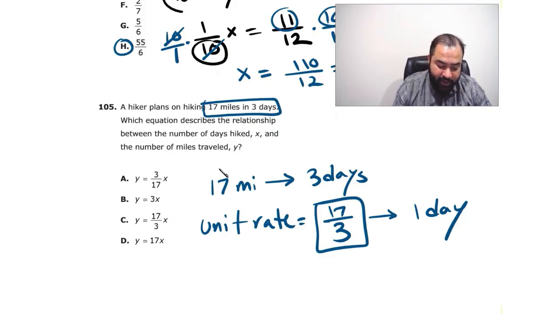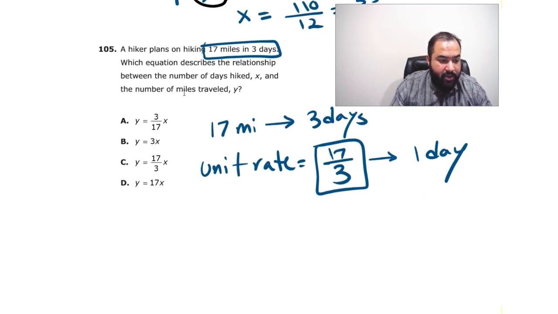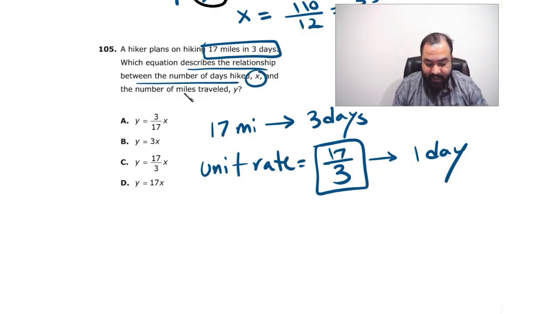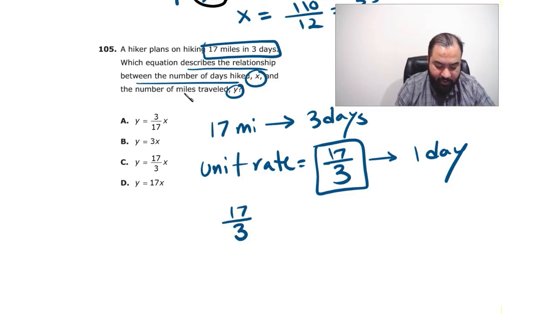Now, which equation describes the relationship between the number of days, x, and the number of miles traveled, y? So in 1 day, you go 17 over 3 miles. Now they said x days.